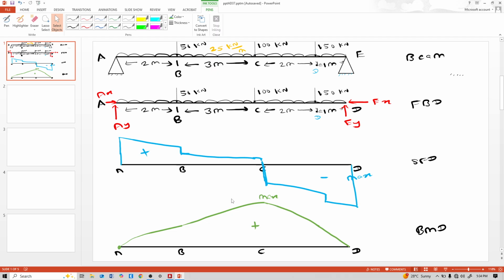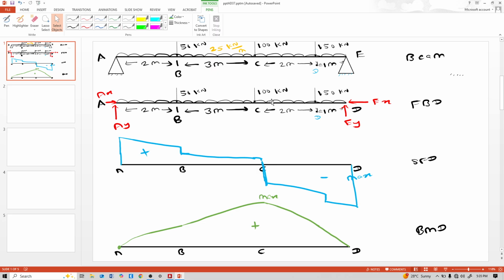So let's see first the reactions AX, AY, EX, EY. AX and EX are 0 because there are no horizontal loads. We are only interested in the vertical reactions AY and EY.